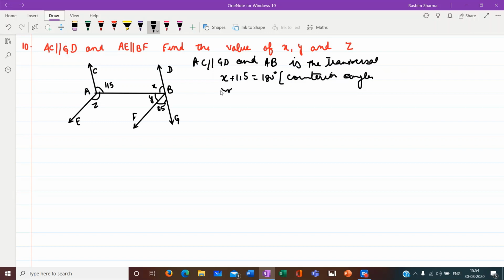Therefore, x is equal to 180 minus 115, that is 65 degree.